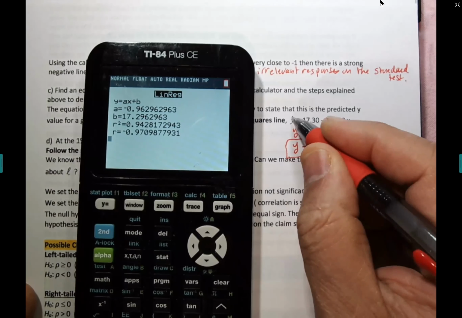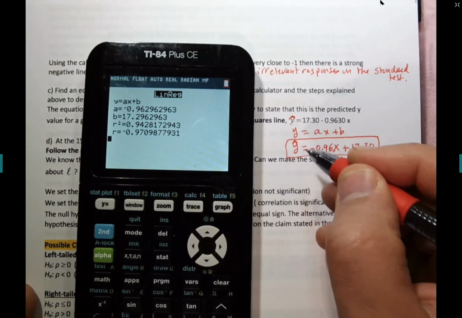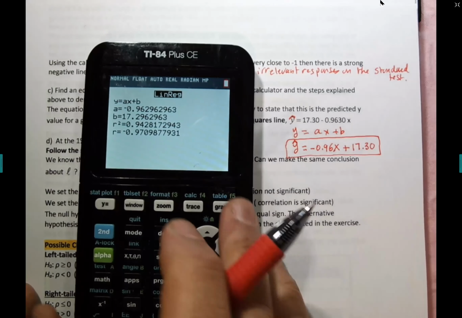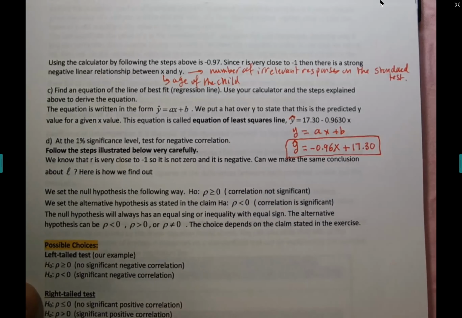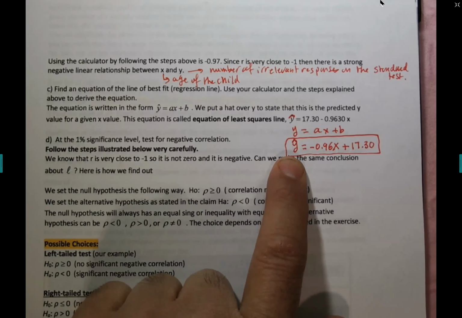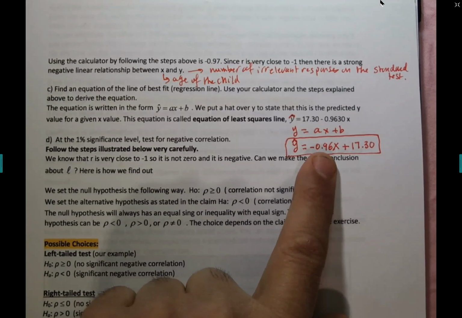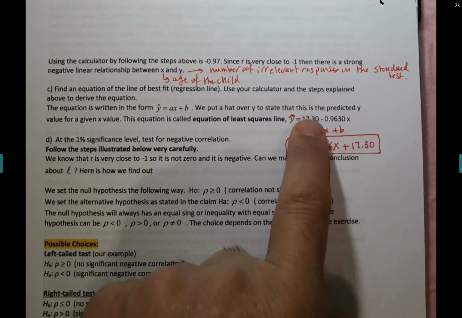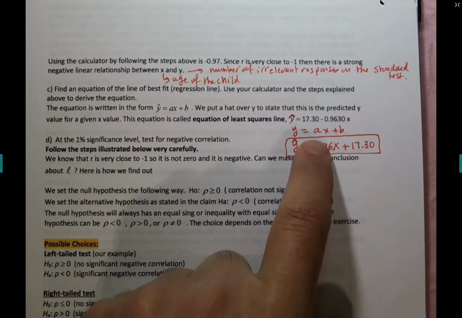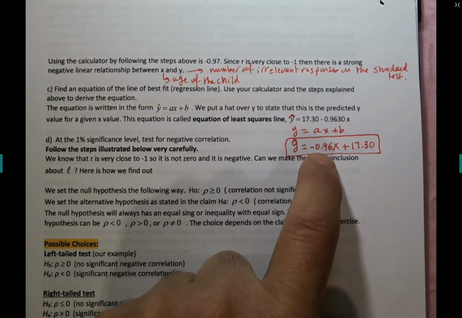Now you notice that I put a hat on top of y. We put a hat to say that this equation was generated from a sample of data. So y hat equals negative 0.96x plus 17.3. And that is the equation, guys. This is exactly the same as that. The only difference is that I put the negative 0.96 first instead of later, but it's exactly the same thing.